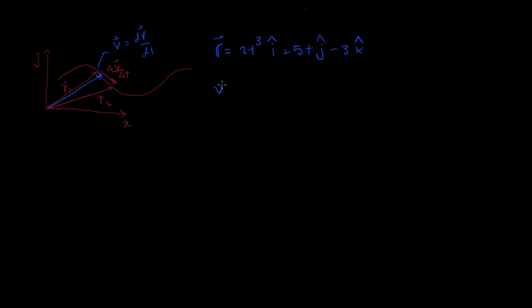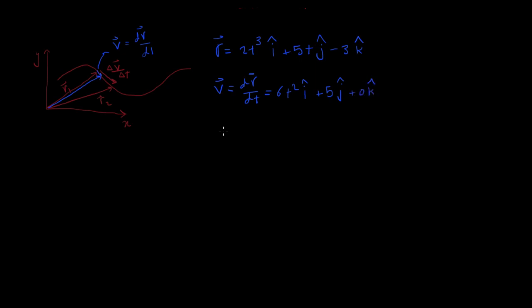Then the velocity vector is dr over dt equals time derivative of the first component, x component, it becomes 6t squared i hat plus 5, this is the derivative, j hat, and the derivative of a number is 0, k hat.